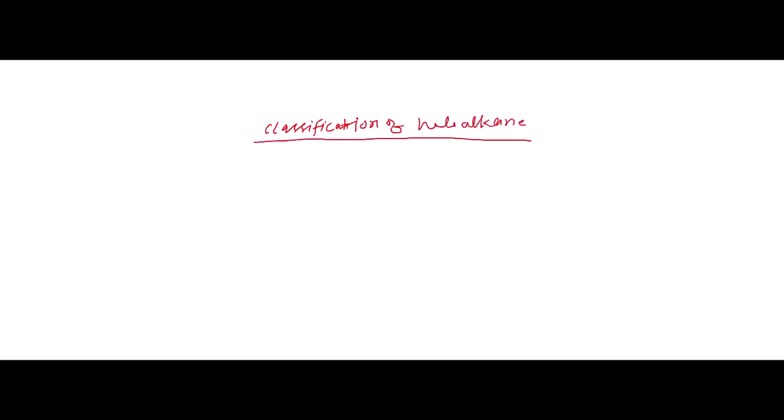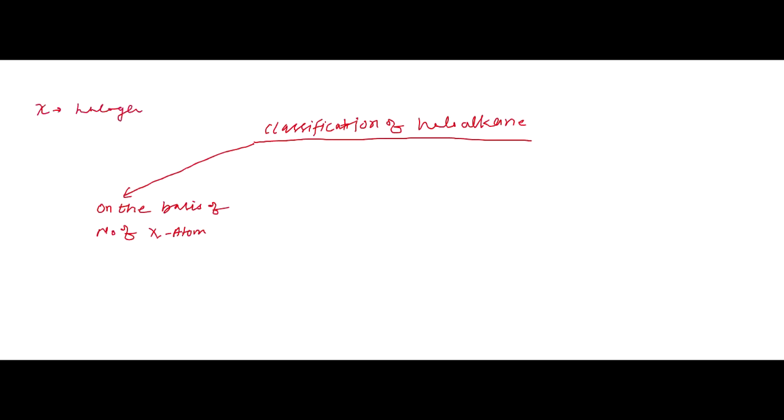Haloalkanes are classified in 3 ways. First, on the basis of the number of X atoms. What do you mean by X atom? X means halogen.